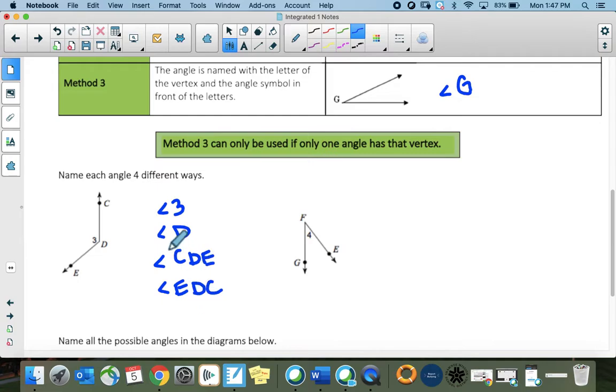The vertex has to be in the middle, and you have to have the angle symbol in front of all of them. For this one, angle 4 would be one option. Angle F, which is the vertex, would be another option. Angle GFE would be another option. Angle EFG would be your last option. Again, F has to be in the middle because that is your vertex.